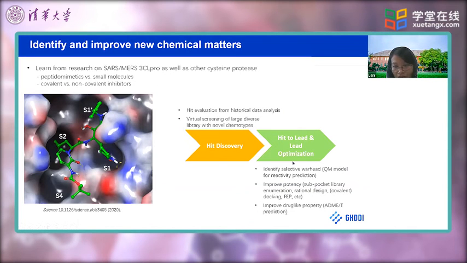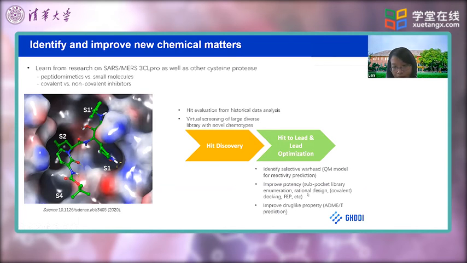Once we have a hit, in the hit-to-lead and lead optimization stage, if we want to design covalent inhibitors, we probably need to identify selective warheads. QM-based models can help predict the reactivity and tune the warhead reactivity to potentially help the selectivity study. And also, we need to improve potency.